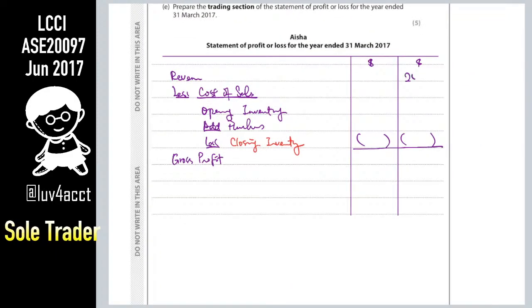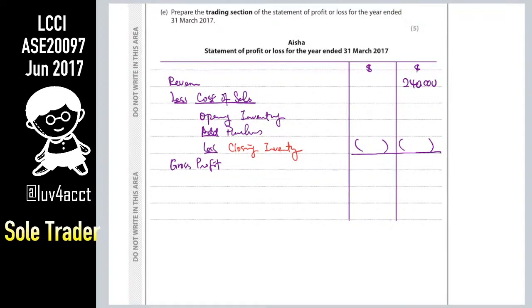So revenue 240,000, opening inventory 17,500, purchases 196,500. Again, if markup is 20%, cost will be 100, gross profit 20, so revenue will be 120% of your cost. Markup and margin, we have to be careful.